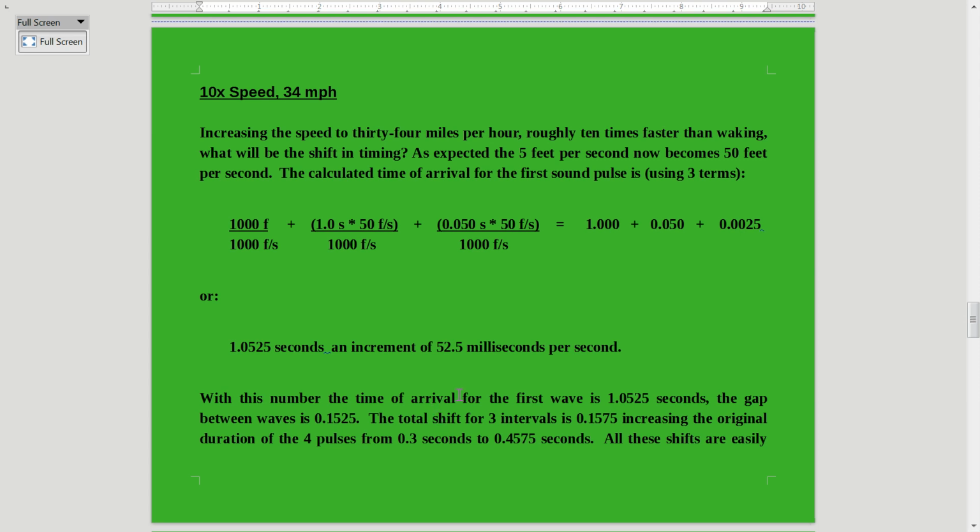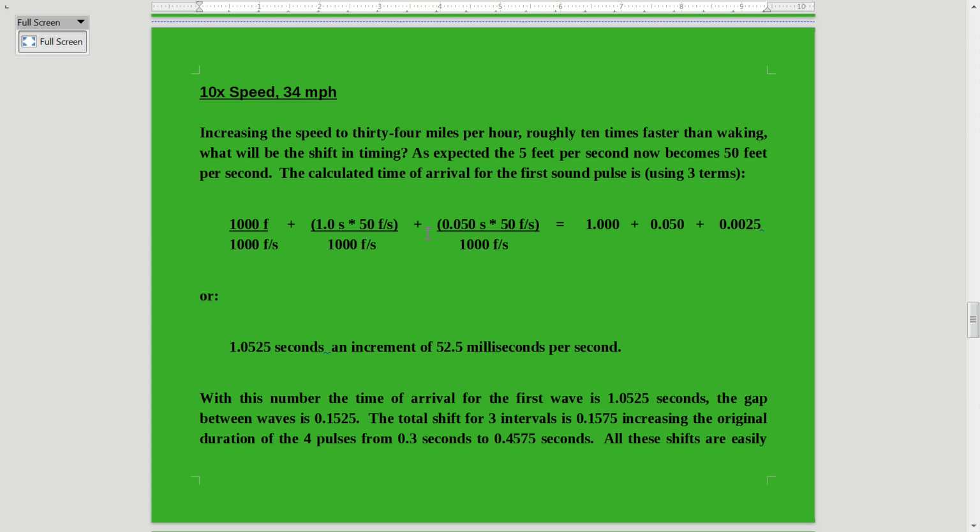All right, and the interval between each pulse is going to end up being, if you run through the numbers, 0.1. Let me make sure I get this right now. Yeah, the gap's going to be the original 1/10 of a second plus the 52 milliseconds. That doesn't quite seem right to me. Oh yeah, here we are over here. The second 2 terms, because we're eliminating the first one. That is correct.